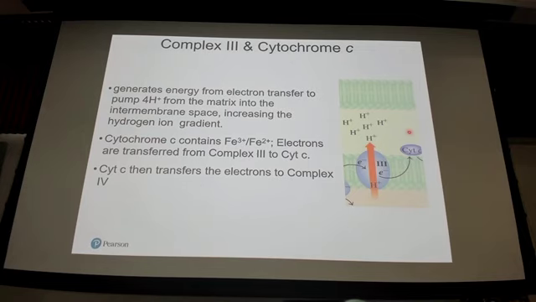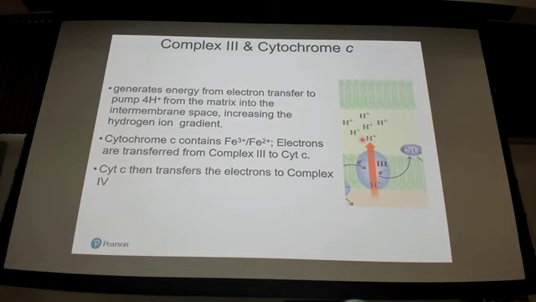And in complex 3, the electrons are transferred and more hydrogen protons are pumped into that membrane space. This pumping of protons into that membrane space is creating a very positive gradient in the membrane space, and that's going to be the driving force for ATP synthesis.